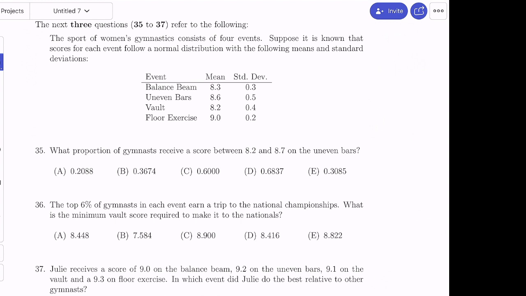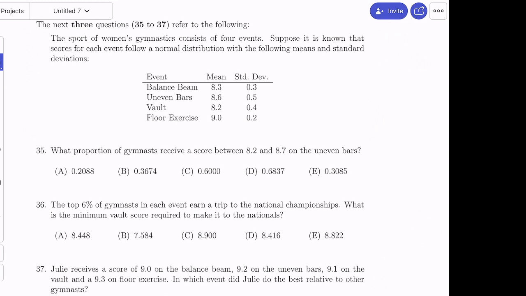Okay, so let's see. What proportion of gymnasts receive a score between 8.2 and 8.7 on the uneven bars? So I go to the uneven bars here, and I have the information on the means and standard deviations for each of the events.